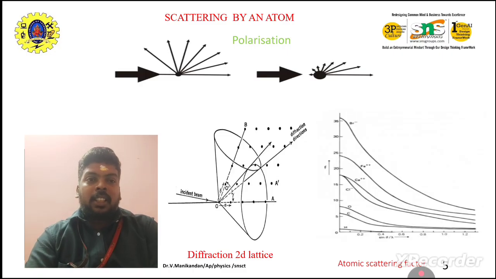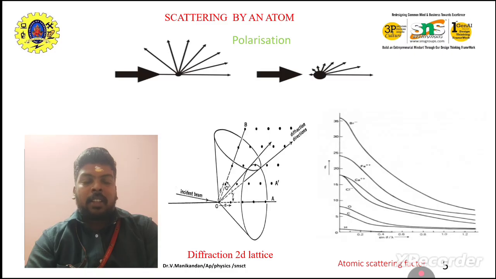Next, you can see the image of X-rays falling on a crystalline material. The arrow marks indicate X-rays falling on a particular atom and being scattered in all directions. In the second image, the incident beam falls on a point, which is an atom, and it scatters, creating wave fronts.